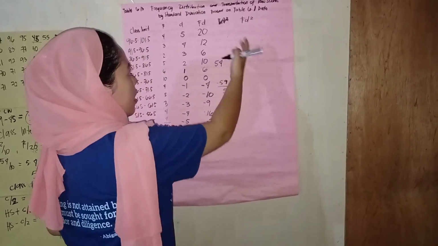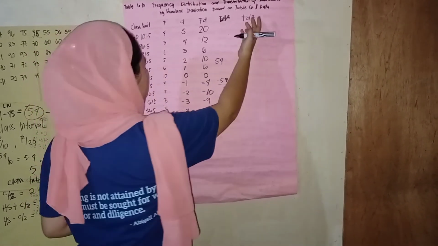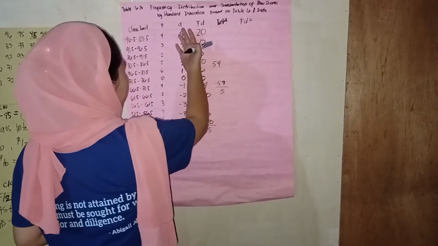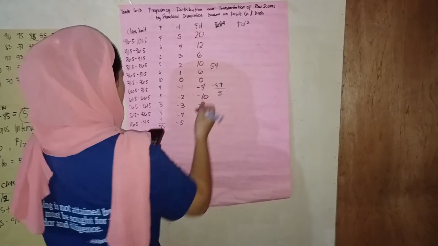So, next is how to get the frequency deviation squared. We need to multiply the deviation and frequency deviation.